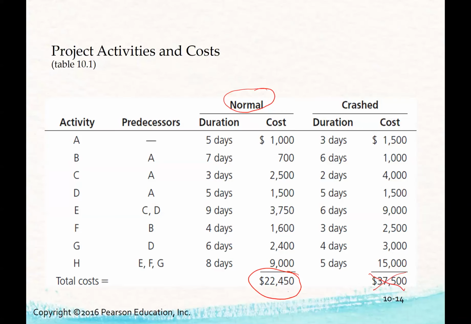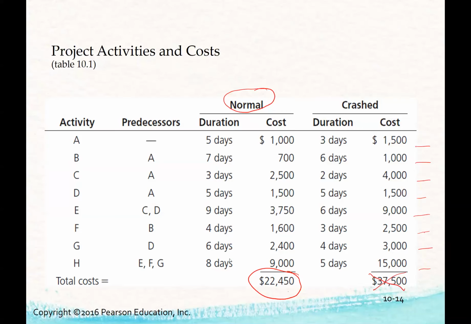It's also misleading if you use that formula to calculate for each of these activities how much it costs to crash per day and then add those up. I can only stress so much, and I'm stressing it again, that you're only crashing the activities on the critical path.